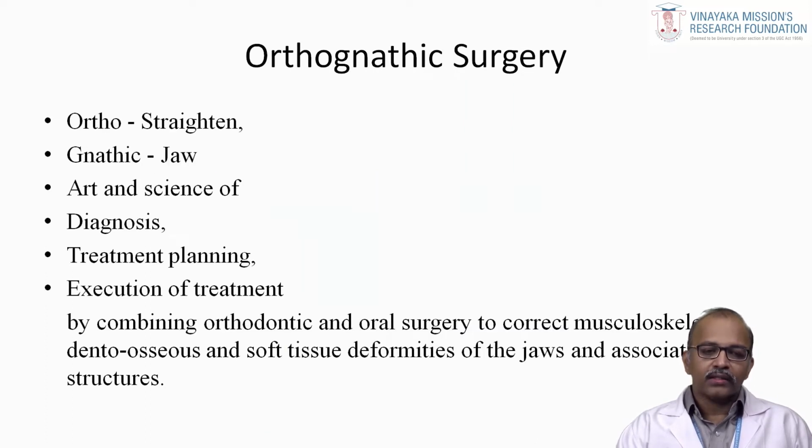So orthognathic surgery, ortho means straightening of jaw, gnathic means jaw, as you all know. So it is the art and science of diagnosis, treatment planning and execution of the treatment by combining orthodontic and oral and maxillofacial surgery, that is our department, to correct the musculoskeletal, dento-osseous and soft tissue deformities of the jaws and the associated structures.